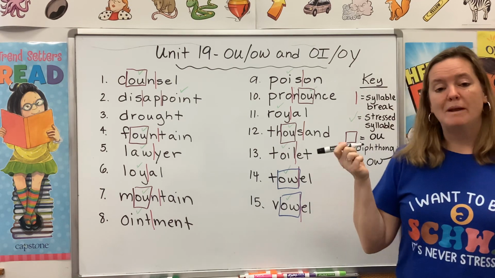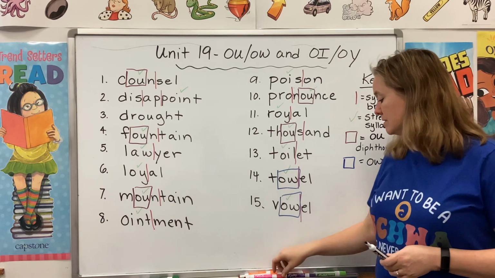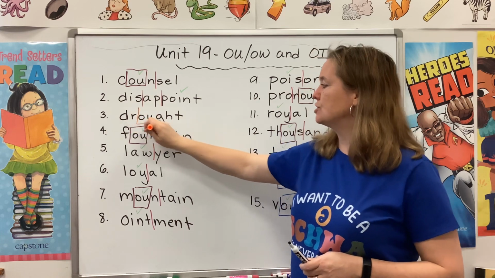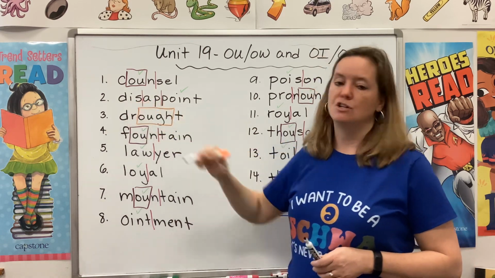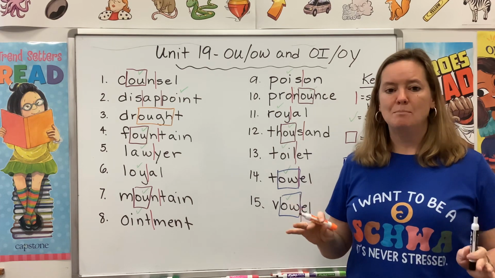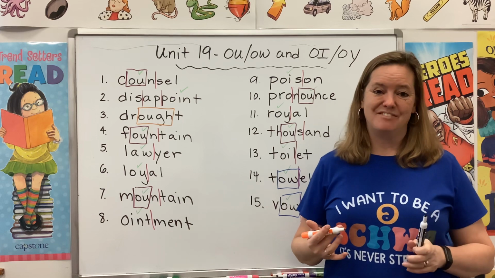Now, there's one more word on our list that contains the ow sound, and it is the OUGH in drought. Now, OUGH is probably the most complicated, crazy pattern in our language. It actually has 6 different sounds.